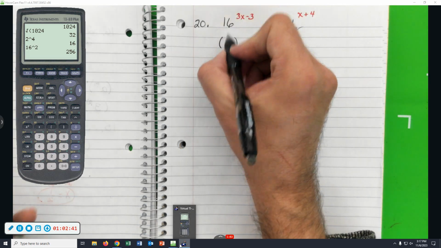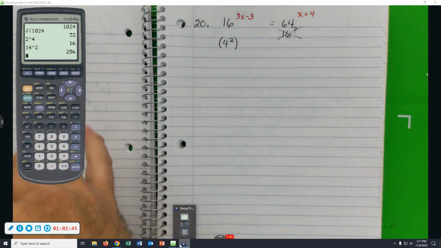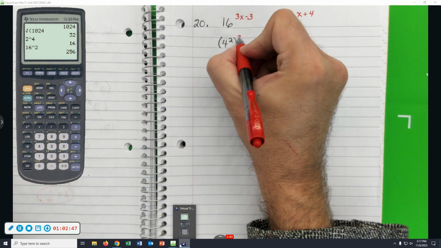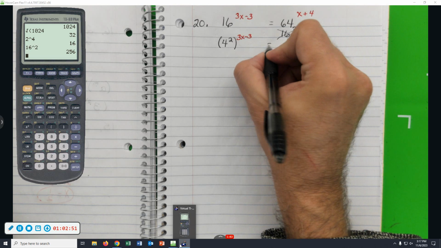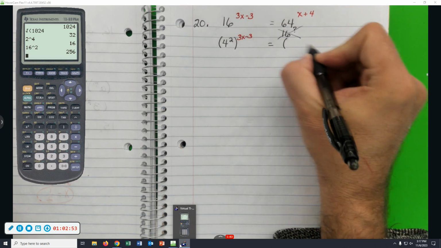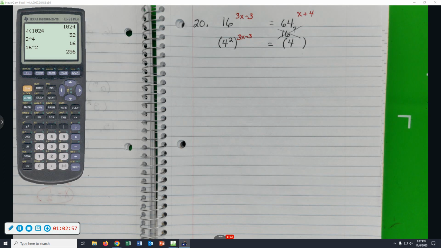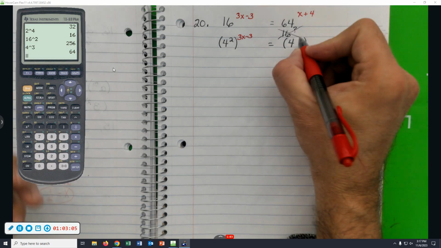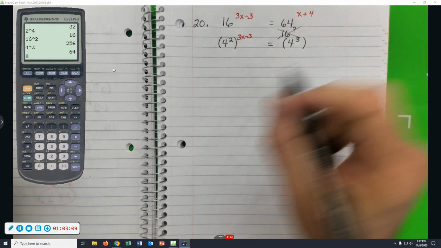If you think of 16 as 4 squared, can I write 64 with 4s as the base? That seems to have popped up earlier today. Wasn't that 4 cubed? So 4 to the third would give me a 64.